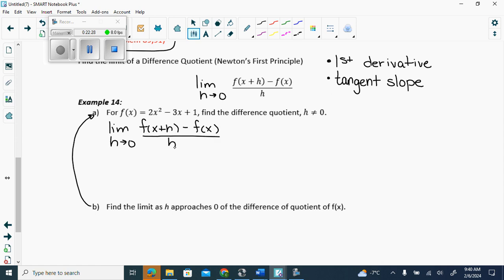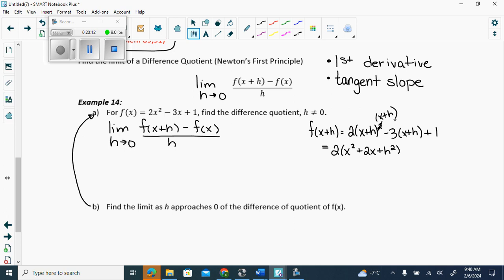So off to the side, I'm going to find f of x plus h. I'm going to get 2 times x plus h squared minus 3 times x plus h plus 1. And so I'm going to get 2x squared plus 2xh plus h squared. Because remember, this is the same as writing x plus h twice and FOILing it, correct?